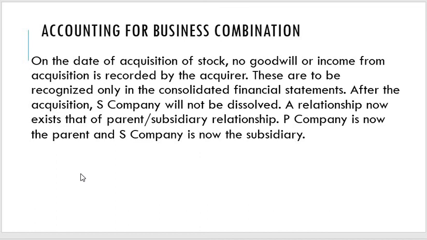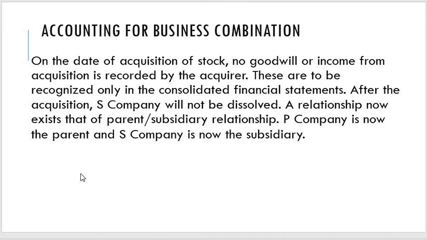So, unlike with a merger, as I said earlier, the goodwill or gain resulting from the merger is recorded on the date of acquisition. In stock acquisition, this goodwill or income on acquisition is to be recognized only in consolidated financial statements.